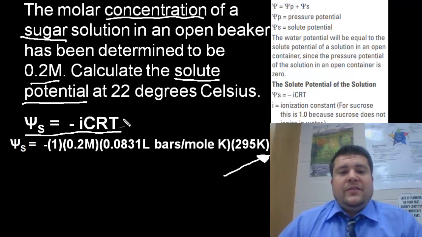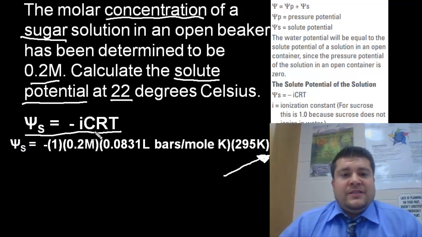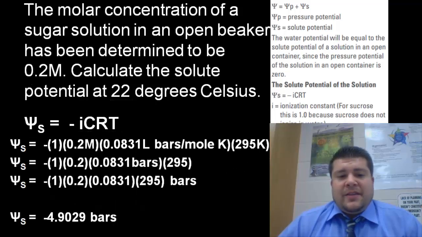And then we have 1 left to figure out. Well, we need to find temperature, but it needs to be in kelvins. So how do we do that? Well, we take 22 degrees Celsius and convert that into kelvins by adding 273, and then do the math.